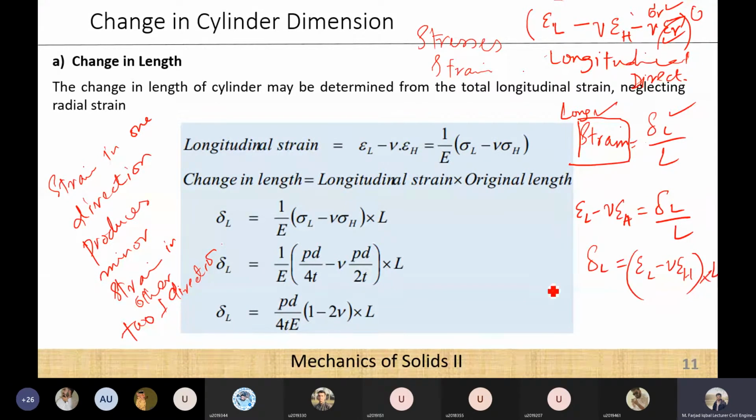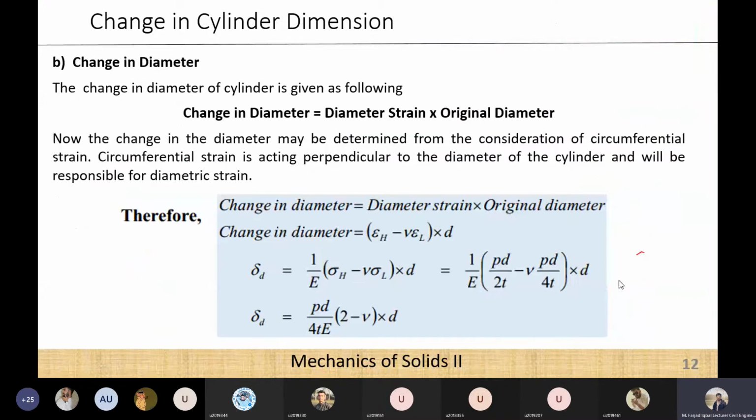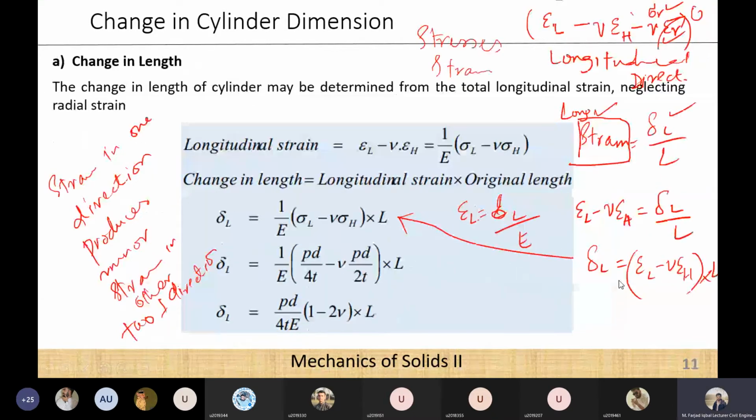Now as we know that this epsilon L is also equal to sigma L over E, and if I substitute this factor into this equation, I will get change in length equal to sigma L over E minus nu sigma H over E into original length.